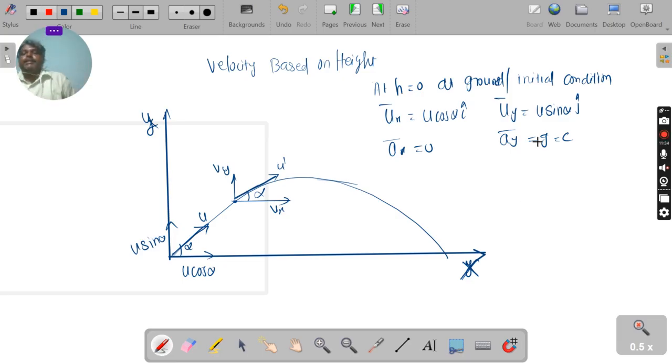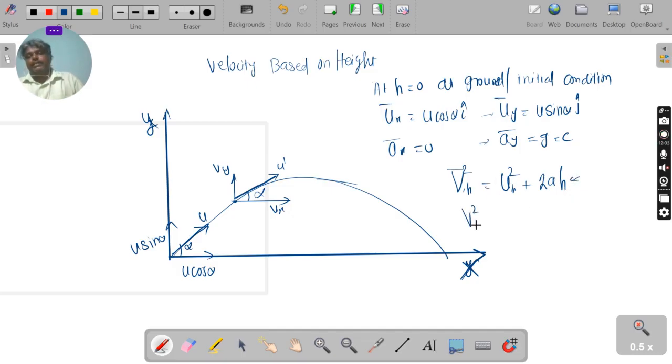So what are the data I need? I need the velocity, the acceleration and the height. Here I am using the kinematic equation for the height. So final velocity at any height, initial velocity at the ground: v squared is equal to u squared plus 2a times the height.